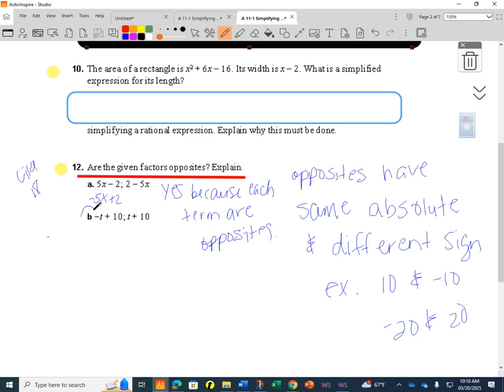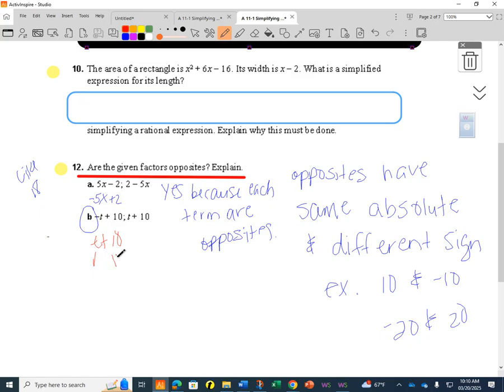So now we're going to look at B. Negative t plus 10, positive t plus 10. Are negative t and t opposites? Yes. Are positive 10 and positive 10 opposites?